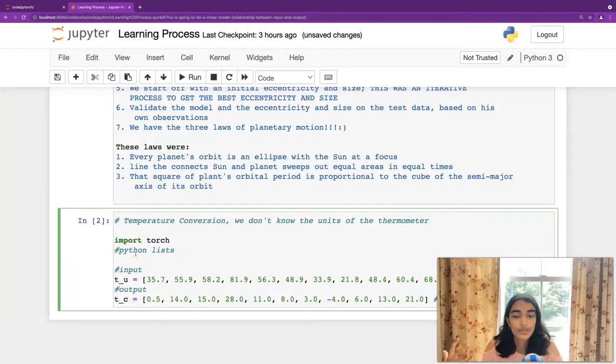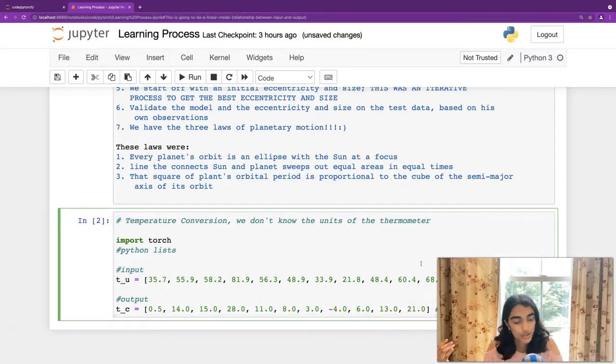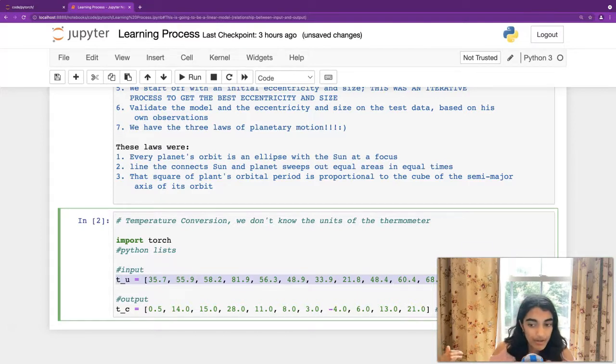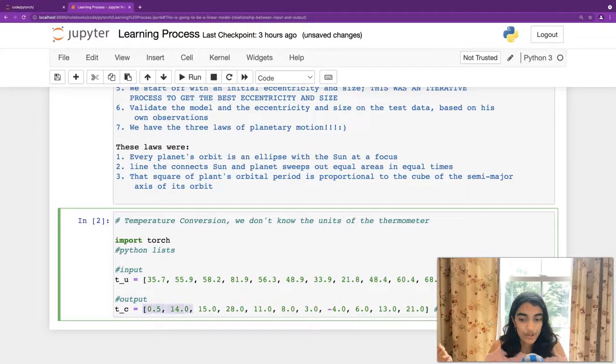Although we don't know what temperature we're reading on our thermometer, we do know that when we convert it to Celsius, these are the values that we get. Okay, so this is an unknown unit, and this is temperature in Celsius.